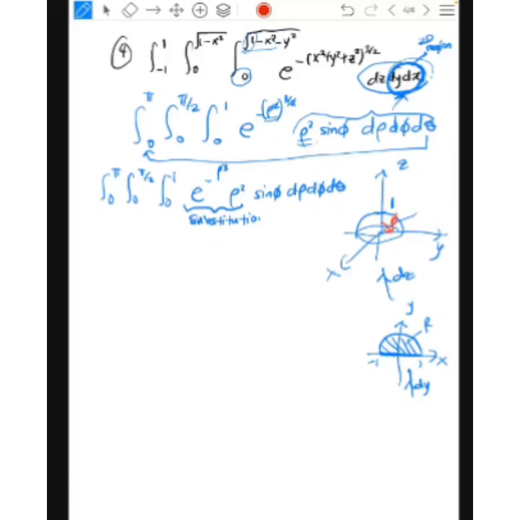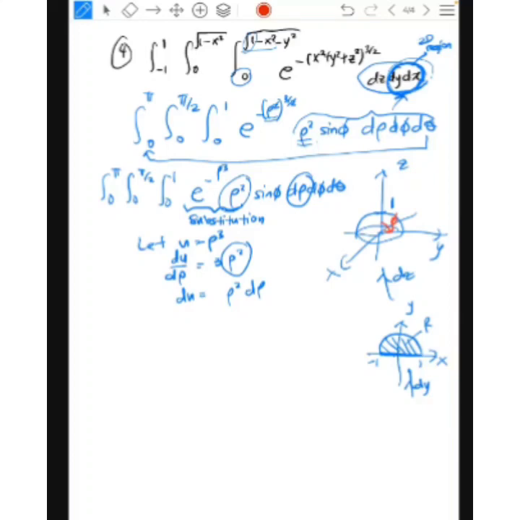For this one, for example, if I choose u equals rho to the power of 3, then when I differentiate, du d rho is 3 rho to the power of 2, and the rho to the power of 2 d rho is here. So du over 3 equals rho to the power of 2 d rho.